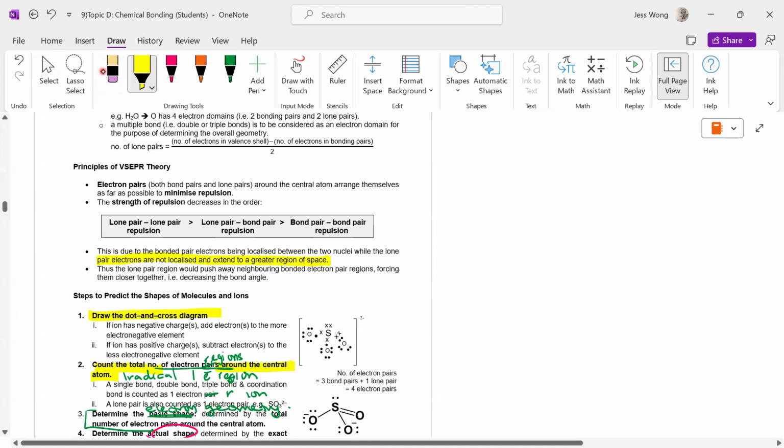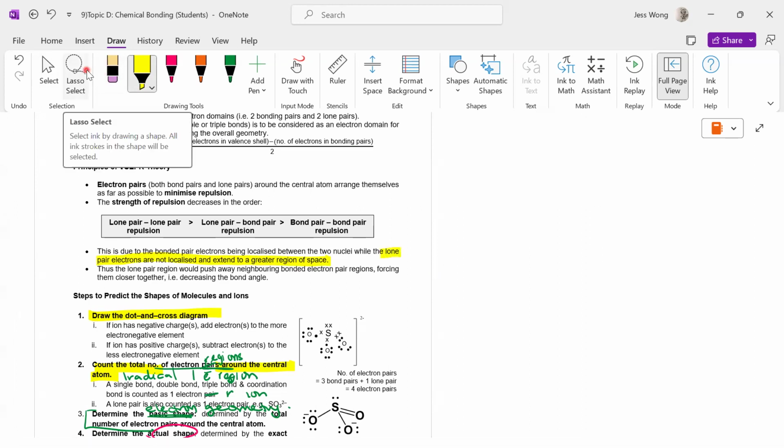The lone pair electrons are not localized between any nucleus, and they extend to a great region. As a result, the lone pair will push the bond pair away, forcing the bond pair together, because it is occupying a much greater region of space. So it will push the bond pair together to give itself more space, right?